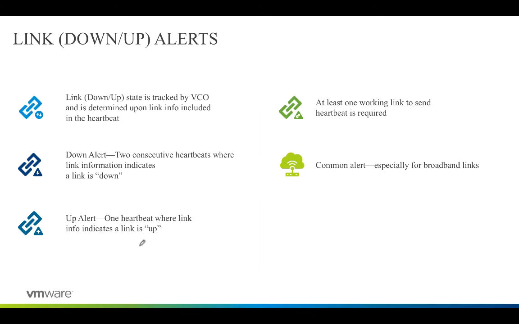If the heartbeat sent to the orchestrator misses two consecutive heartbeats on a link, we will declare that link as down. So if you have link 1 and link 2, and for some reason link 2 goes down, we still have link 1 up and running, and that will carry the heartbeat from the edge device to the orchestrator. In the second heartbeat, the orchestrator will declare link 2 as down, and that's where the link down alert will get triggered.